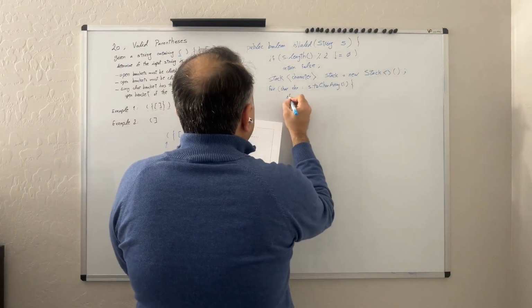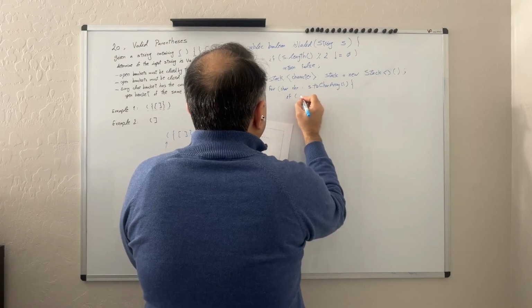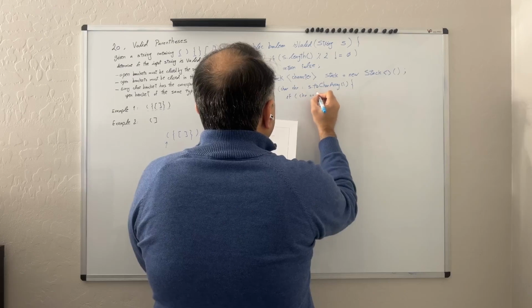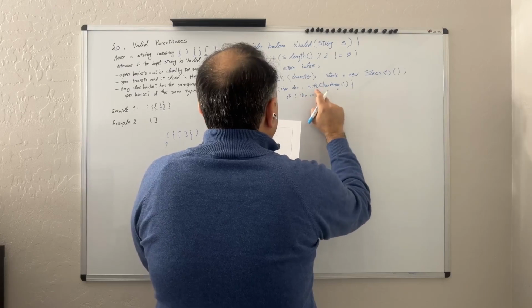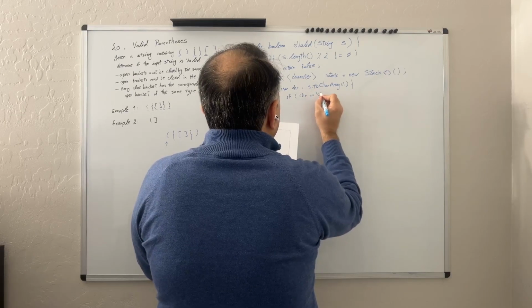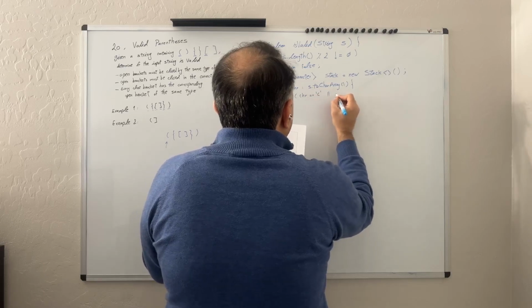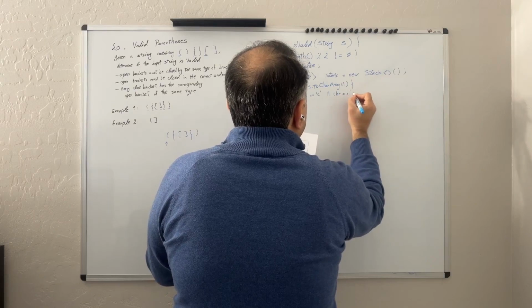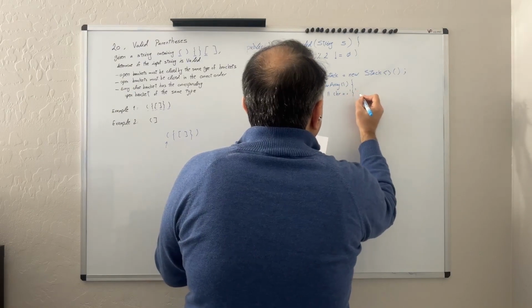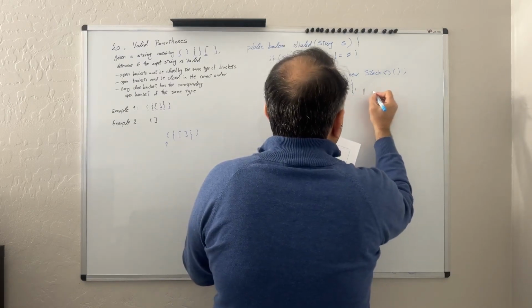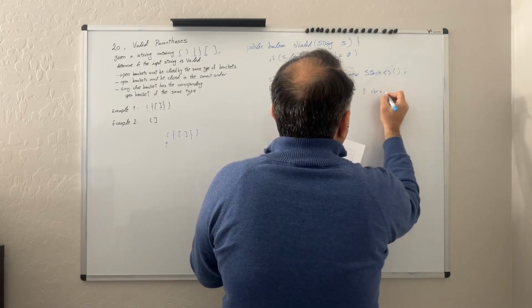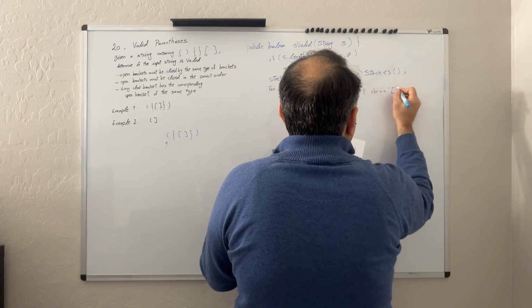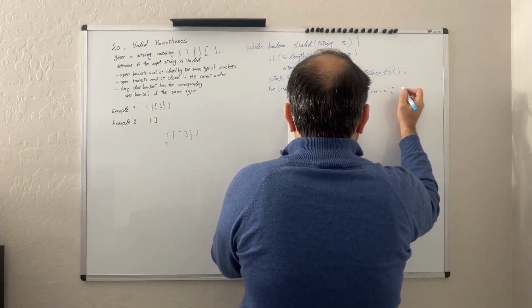So I need to check if character equals open parenthesis, or character equals open bracket, or character equals the last one. Okay.